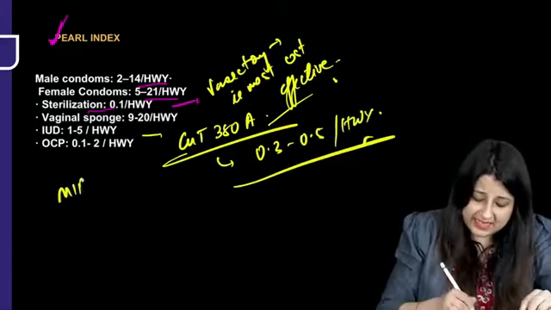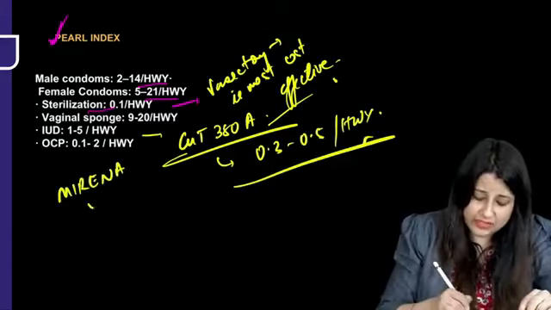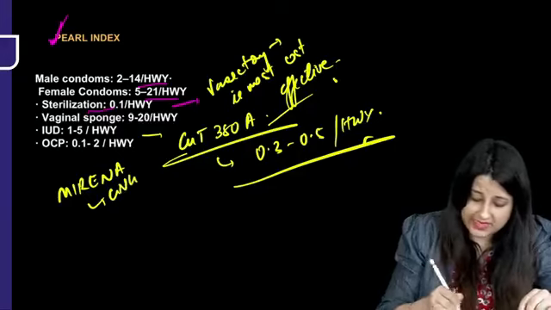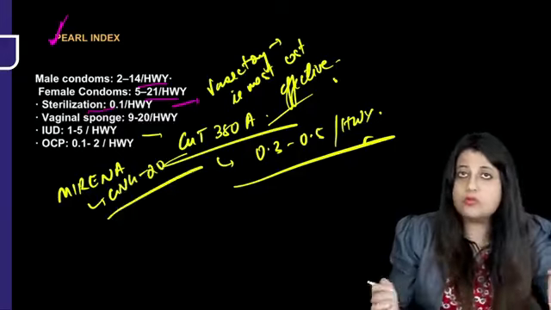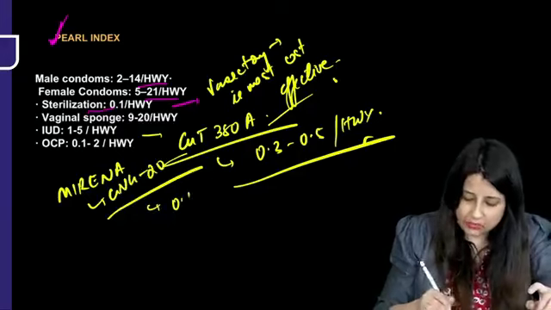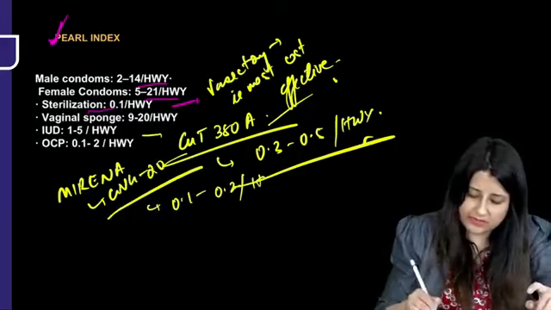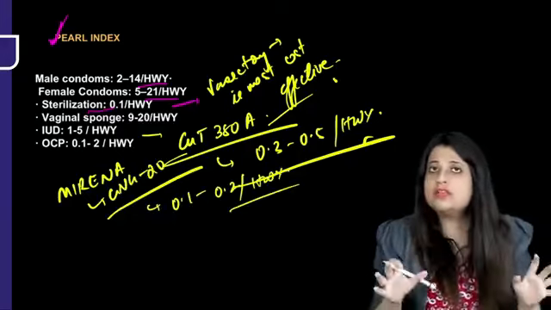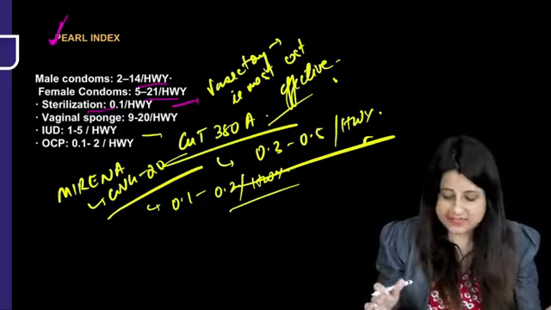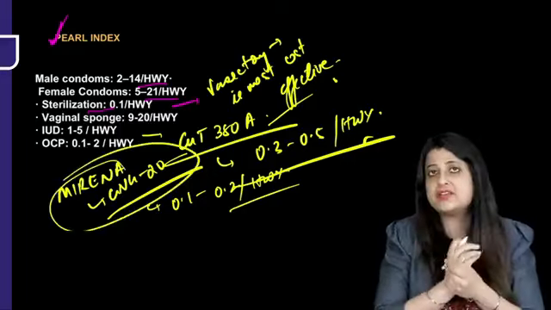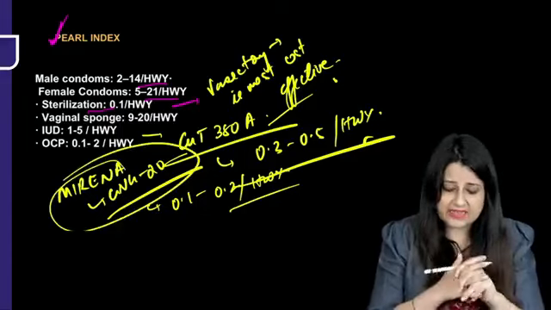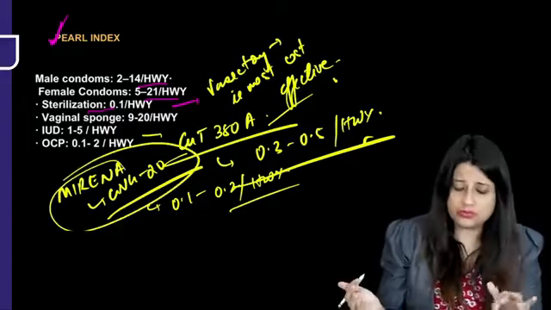And Mirena, which is LNG 20, levonorgestrel 20, a hormone containing IUD, is only 0.1 to 0.2 per 100 woman years. Out of all the intrauterine devices, Mirena has the least failure rate. OCPs again can vary somewhere from 0.1 to 2 also.